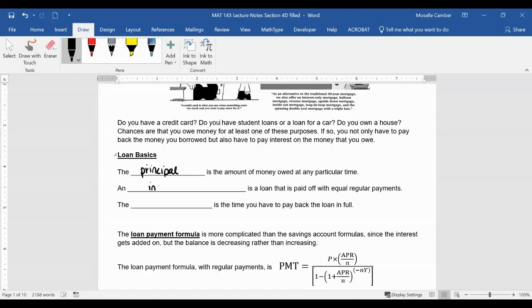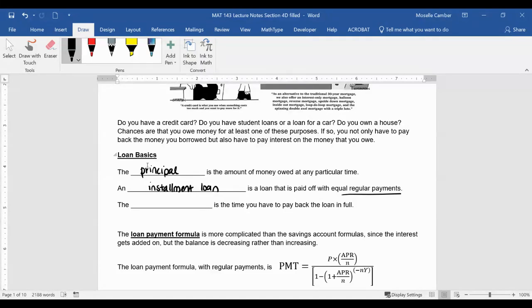An installment loan is a special type of loan where you have equal regular payments. So this is not a credit card. For a credit card, you have your minimum payment, right? Which is basically your interest plus a little bit of your principal.